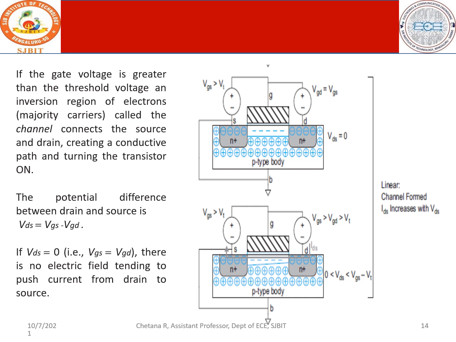It gets attracted and the channel gets opened up, because this is your N type. This is also your N type, negative charge carriers. So there is a flow of electrons from this region to this region through this path. So this is how it goes on.